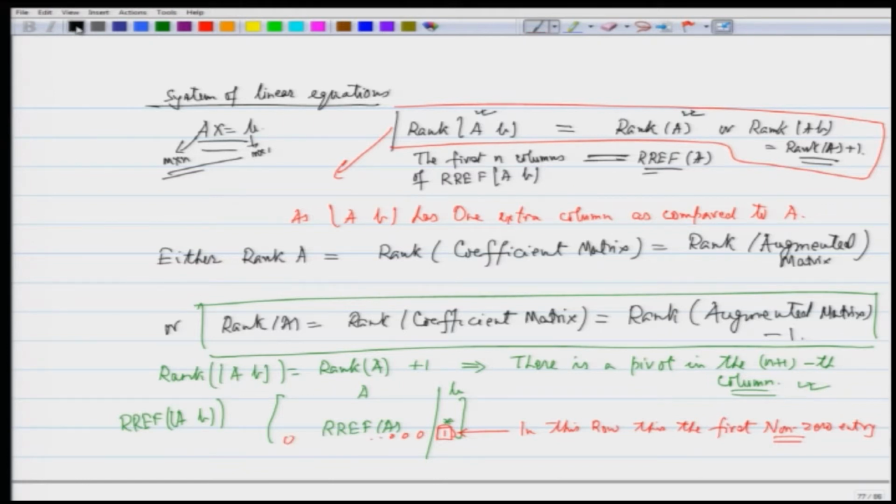And this tells me that this equation corresponds to looking at 0 times x 1 plus 0 times x 2 plus 0 times x n is 1, which has no solution, all right, fine. So, this is what you have to understand, that I will not have a solution as soon as rank of AB is greater than rank of A, or rank of the augmented matrix is greater than this. So, let me write it down.